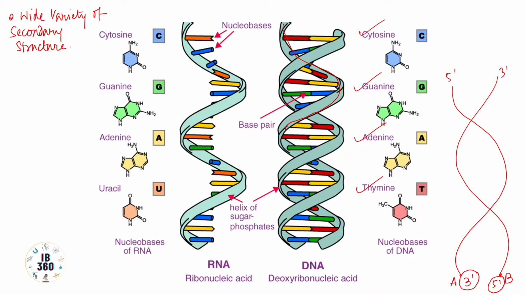One thing which you must have noticed is that both guanine and adenine, these two nitrogenous bases, have 2 rings. So they are called purines. While cytosine and uracil in case of RNA, or thymine in case of DNA, would be called pyrimidines because they have a single ring.